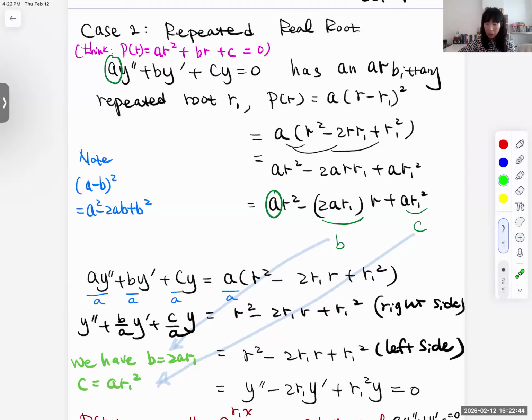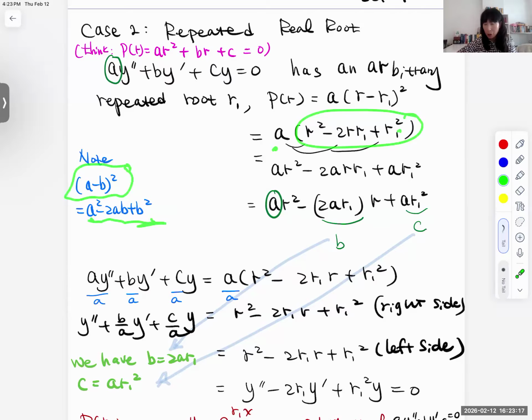Since we have repeated root r sub 1, we have r minus r sub 1 quantity squared. If we have the formula a minus b quantity squared, we have a squared minus 2ab plus b squared. So we are using that.